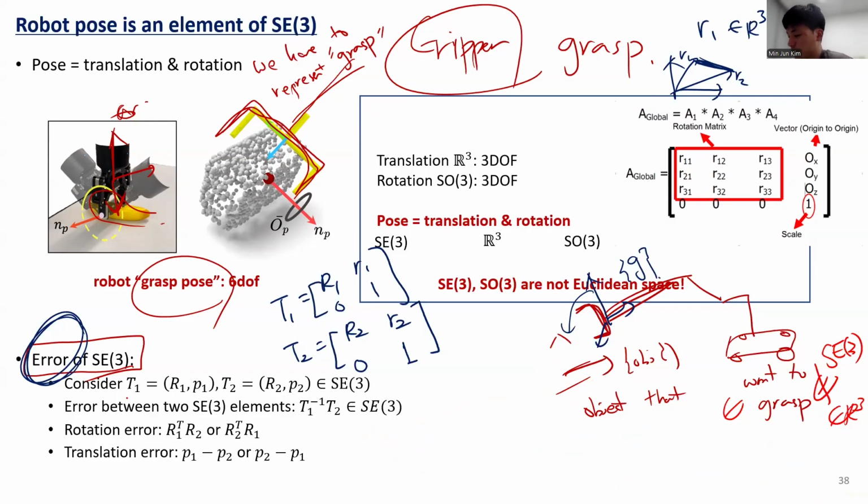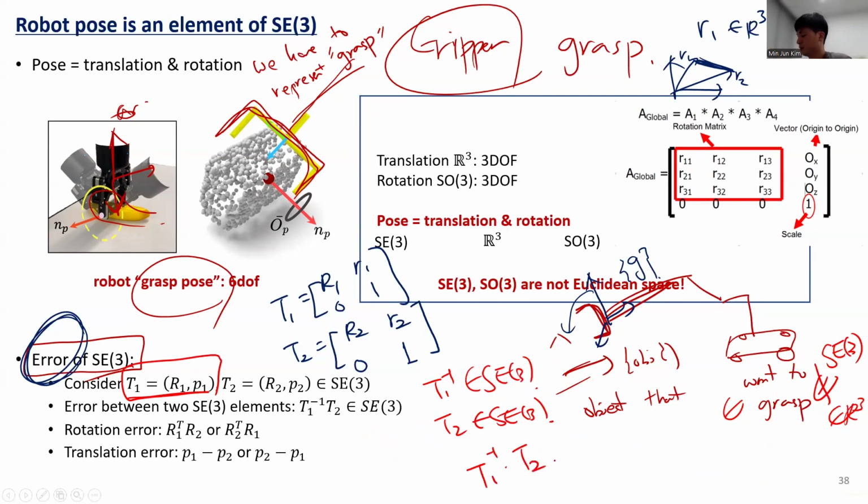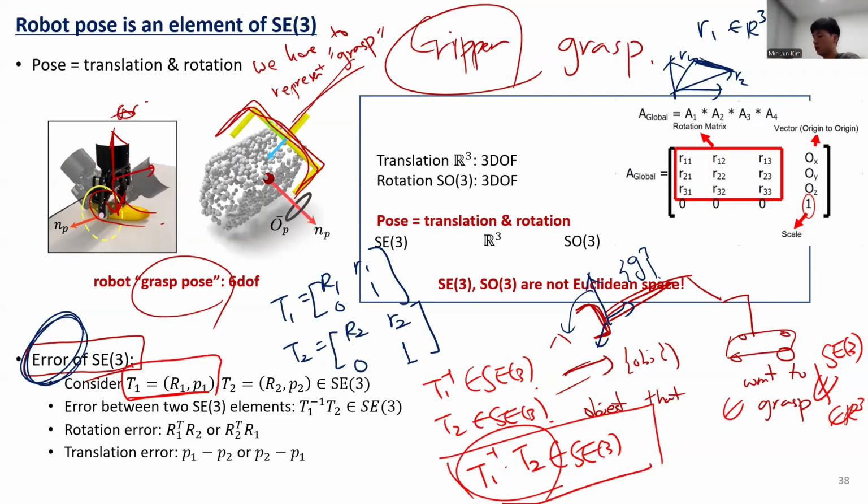For a given transformation matrix, we always have an inverse, T1 inverse, which belongs to SE3. T2 is still in SE3. So if you do T1 inverse times T2, that's just multiplication of a transformation with another transformation. That's again SE3. So this T1 inverse T2 can represent the error or difference between T1 and T2.